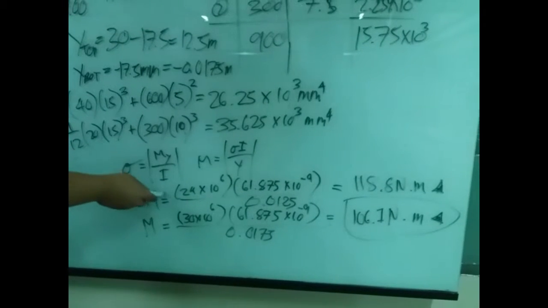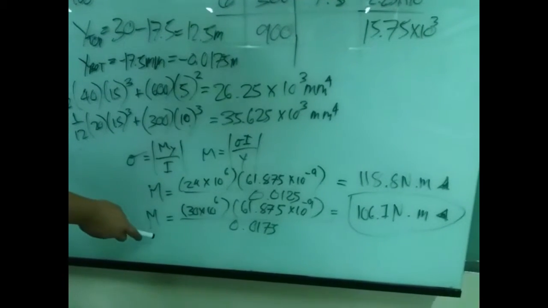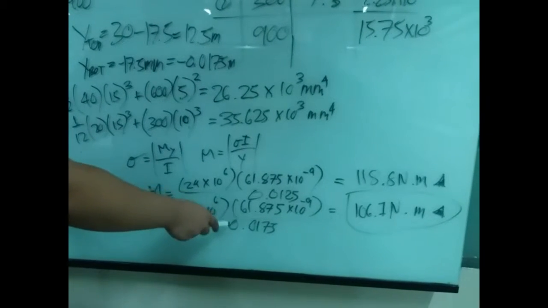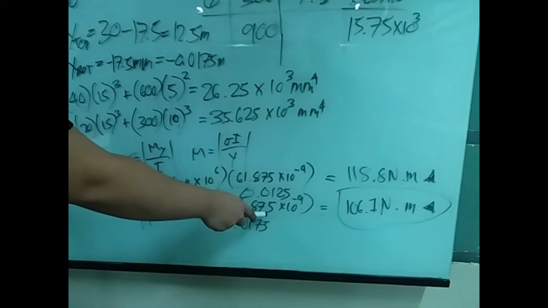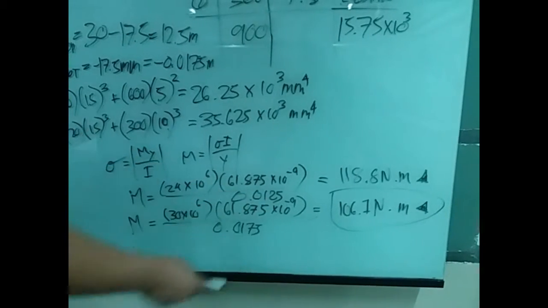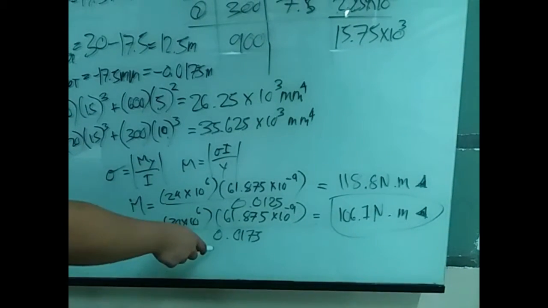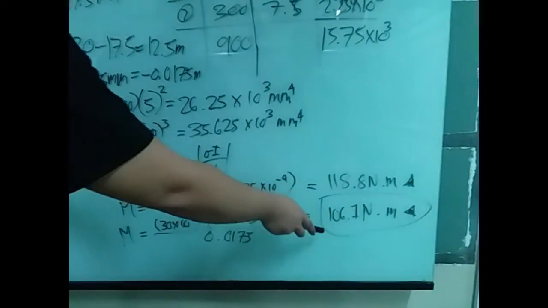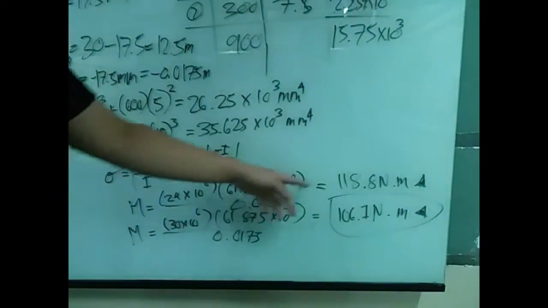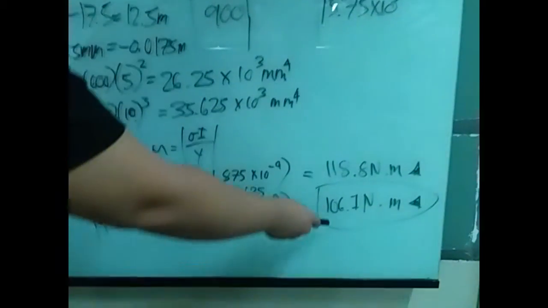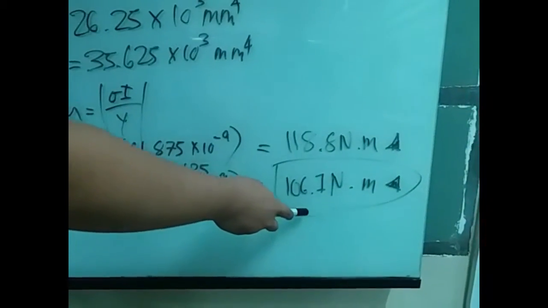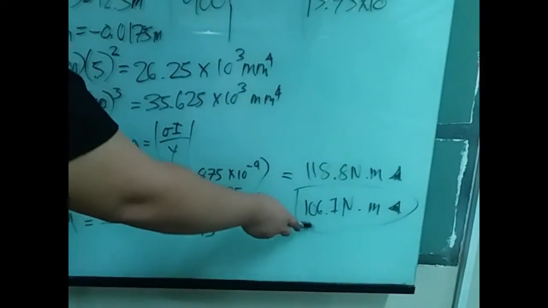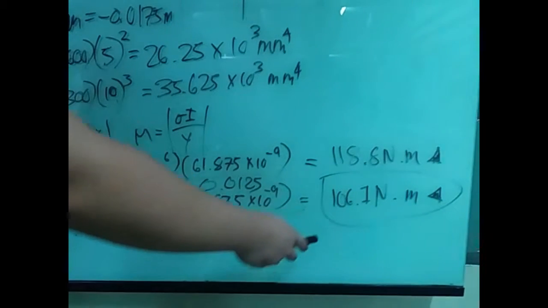So that's compression. For tension, M is equal to 30 times 10 raised to 6 times 61.875 times 10 raised to negative 9 over 0.0175. So we get 118.8 Newton per meter and 106.1 Newton per meter. We choose the lowest, which is 106.1 Newton per meter. That's all.